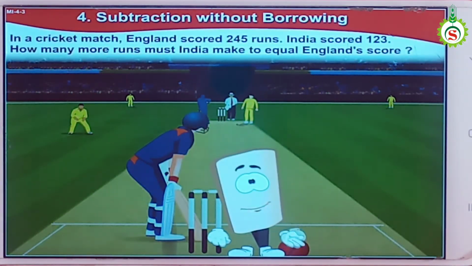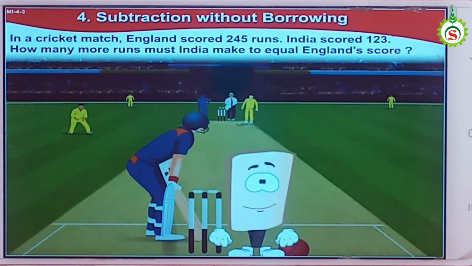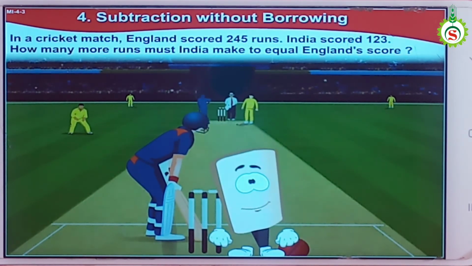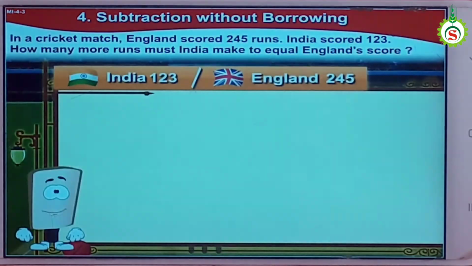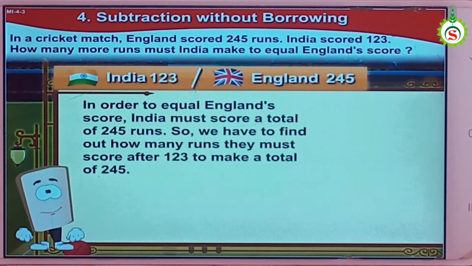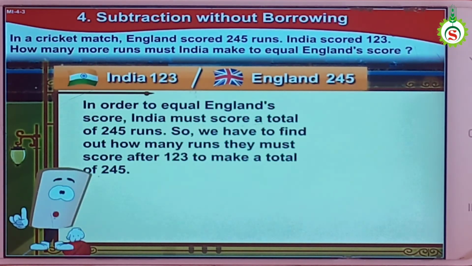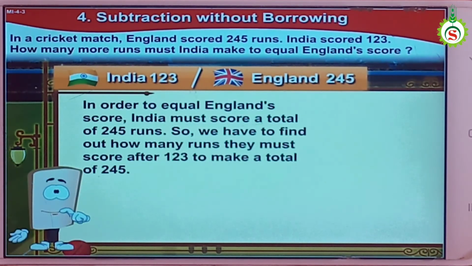In a cricket match, England scored 245 runs. India scored 123. How many more runs must India make to equal England's score? Well, in order to equal England's score, India must score a total of 245 runs.